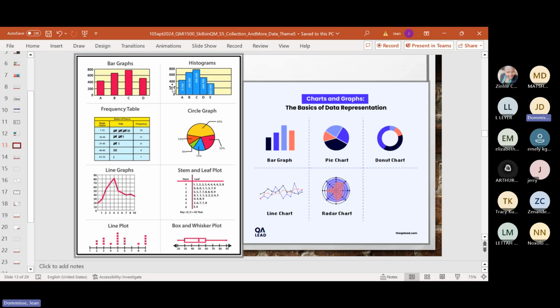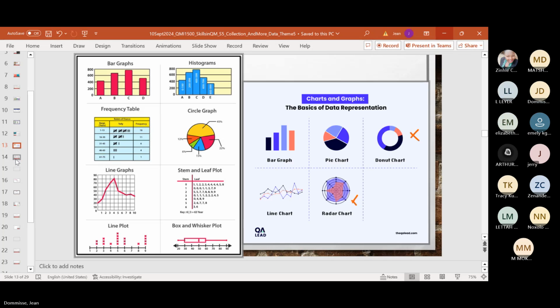We normally don't look at a donut chart or radar chart. We might look at line charts. We will definitely look at box and whisker. There will be some stem and leaf, and they love to ask frequency tables as well. Those things will be in some of the questions that we will work through. So again, I have an example or two of that.